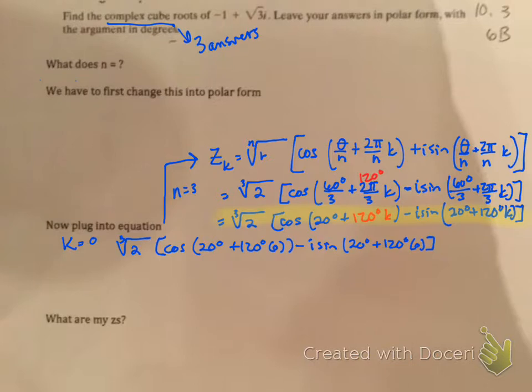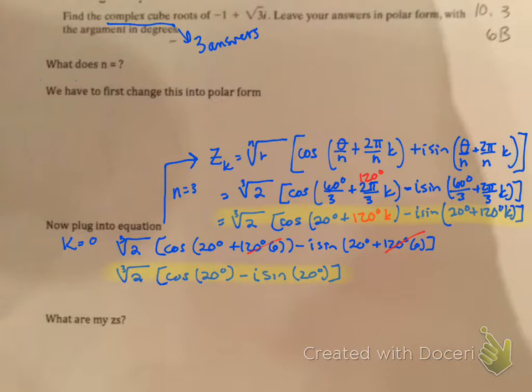Okay, I know the 120 degrees times 0, those are going to go away. So what am I left with? I'm left with a cube root of 2 times cosine of 20 degrees minus i sine of 20 degrees. And this is my answer. So there's a first answer. Now remember, we're supposed to have 3.